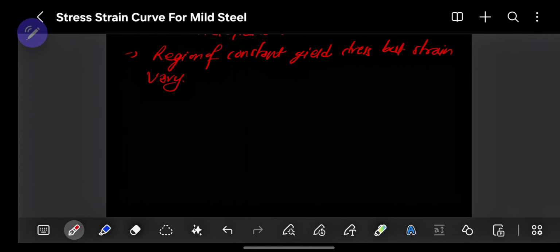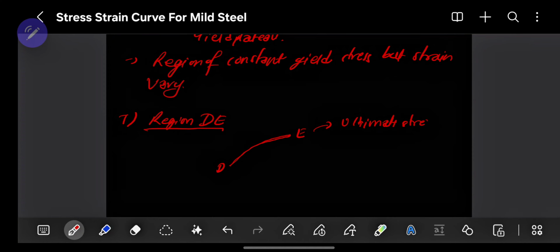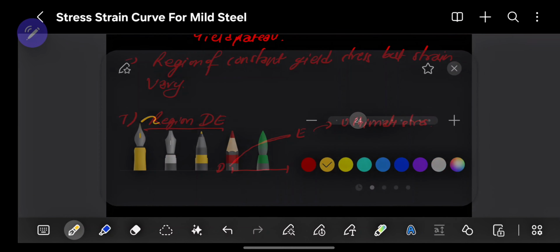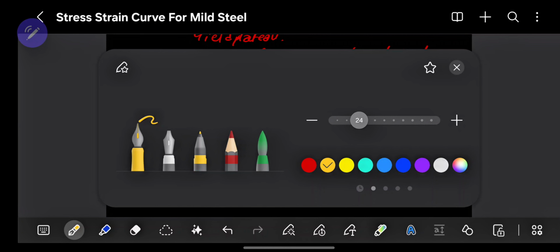So moving on, after this region we go to the region DE. This region is from D to E, as we can see in the curve. E is the ultimate stress, and this region is known as the strain hardening region.